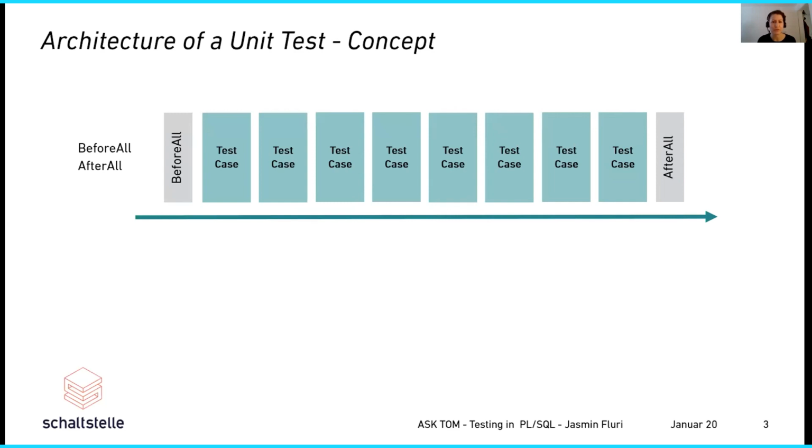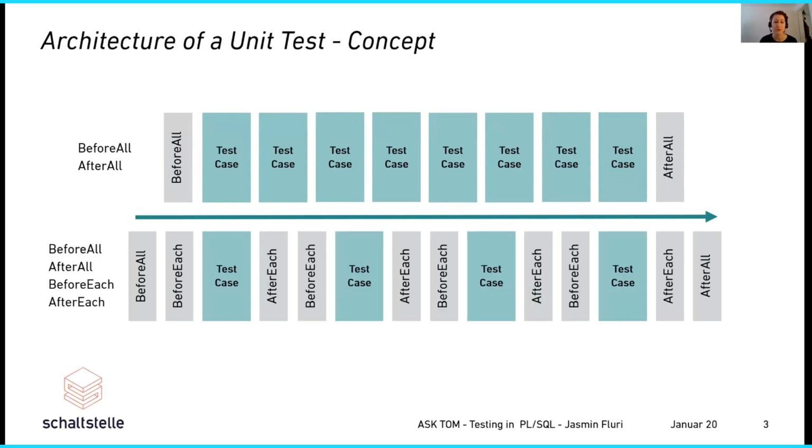For all of you who want to see how it is executed when we use those before all and after all statements, this is an execution line along the arrow. The before all procedure is called, then all the test cases run, and after the execution of all the test cases, the after all statement is run. If we use more annotations, in this case before all, after all, before each, and after each, it looks like this.